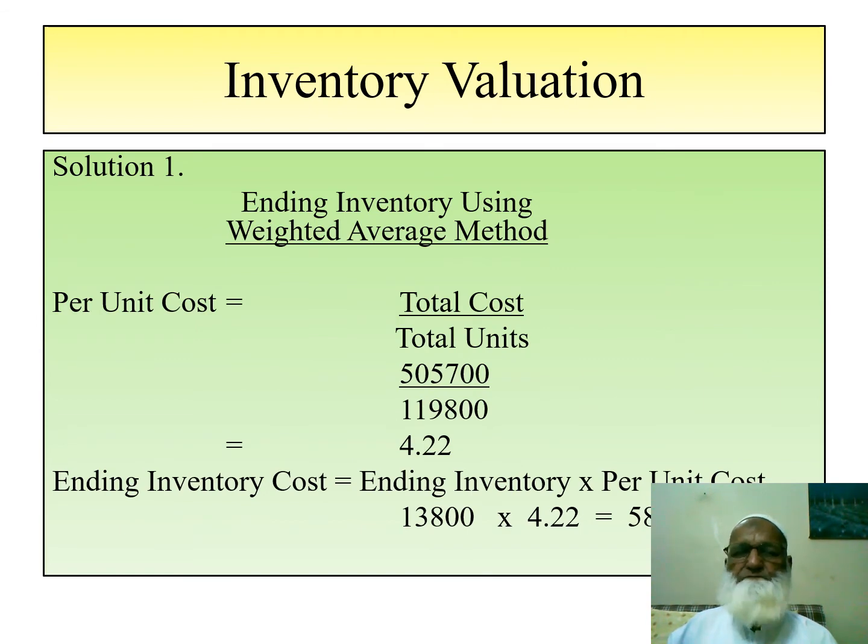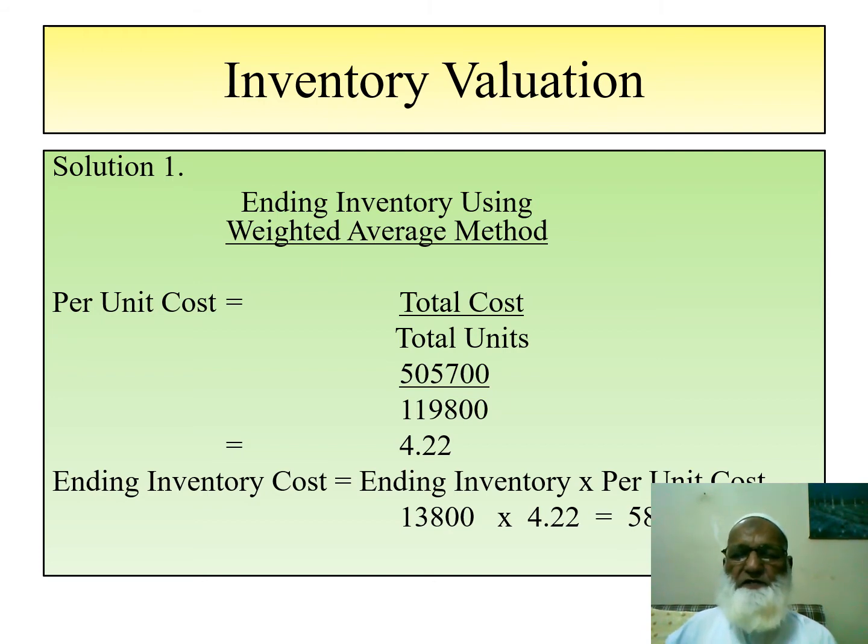So here it is, ending inventory using the weighted average method. We have to calculate first the per unit cost. The total cost of the goods available for sale was 505,700. If you go to the previous slides, you'll see 505,700 is the cost of the total goods available for sale, and the total goods available were 119,800 units, and if we divide it, we get a per unit cost of 4.22.